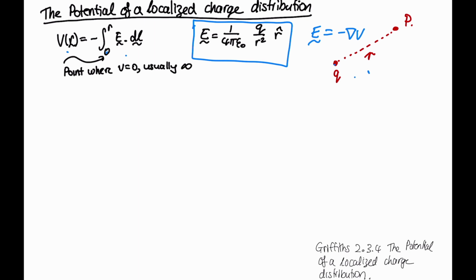We'll want to substitute our electric field into this equation, and the electric field for a point charge is only in the radial direction.